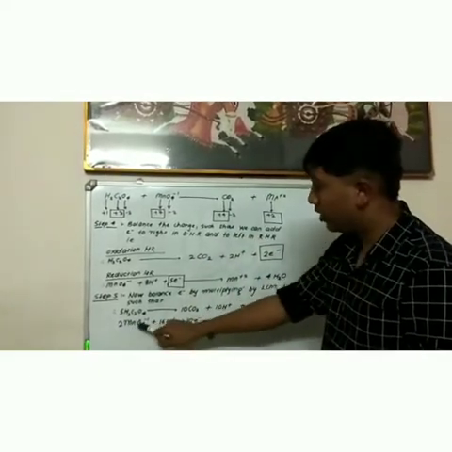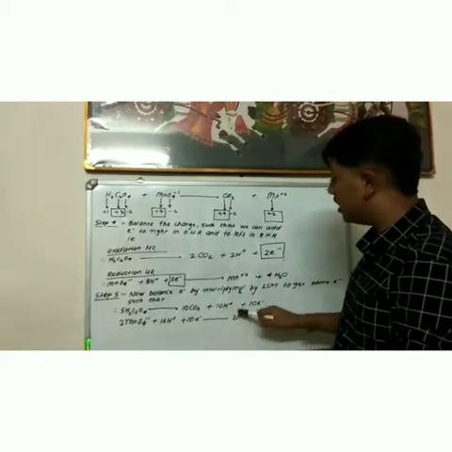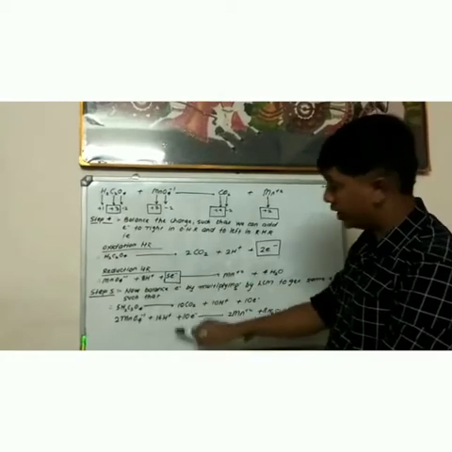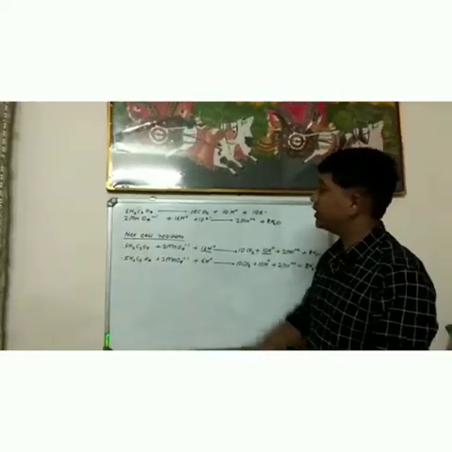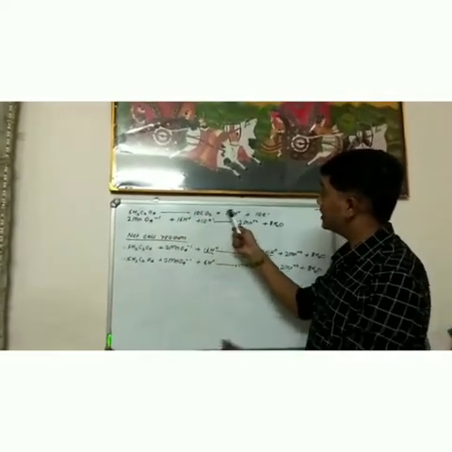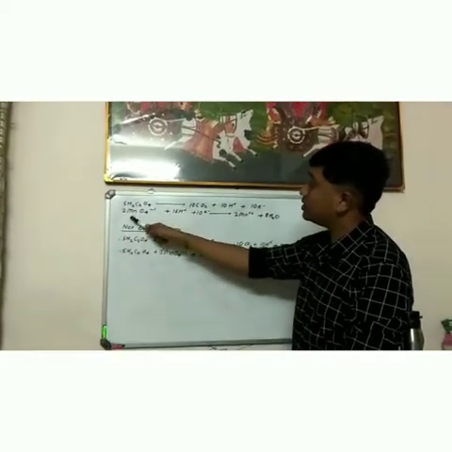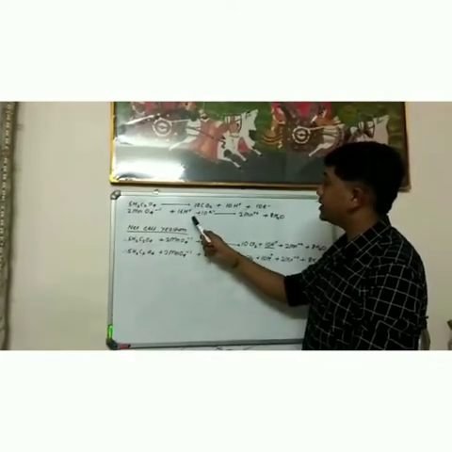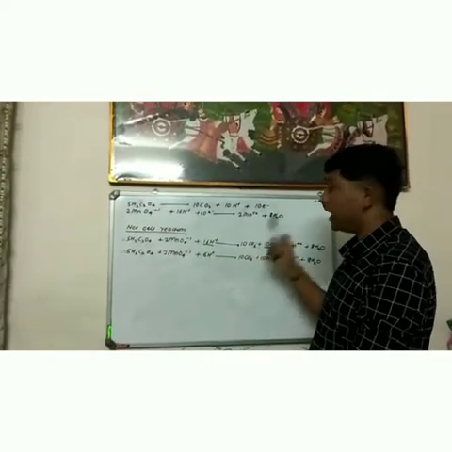Therefore 2 MnO4 minus 1 plus 16 H plus 10 electrons gives 2 Mn plus 2 plus 8 H2O. That is, we have multiplied by 2 here and by 5 there. Concluding statement: 5 H2C2O4 gives 10 CO2 plus 10 H plus 10 electrons, and 2 MnO4 minus 1 plus 16 H plus ions plus 10 electrons gives 2 Mn plus 2 plus 8 H2O.